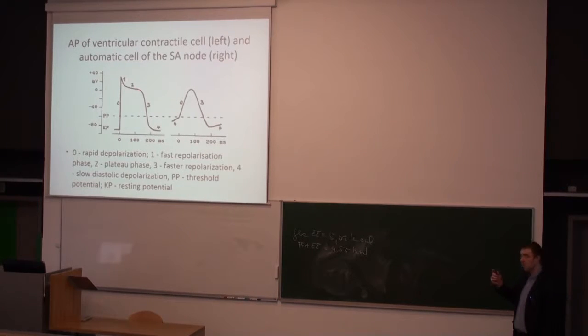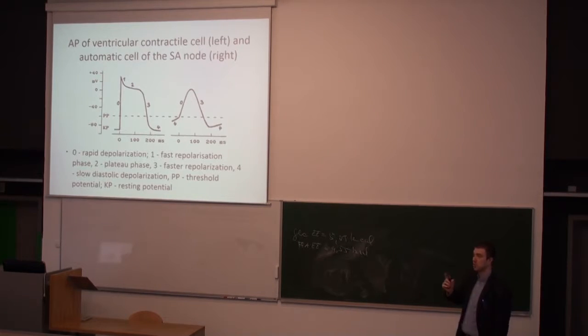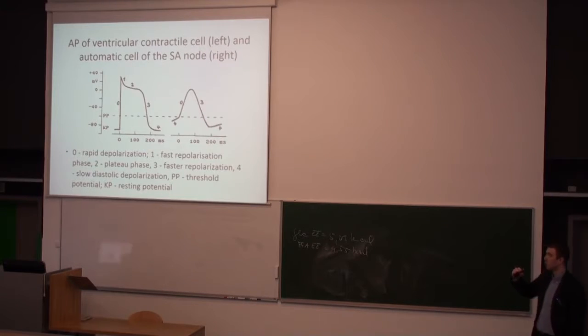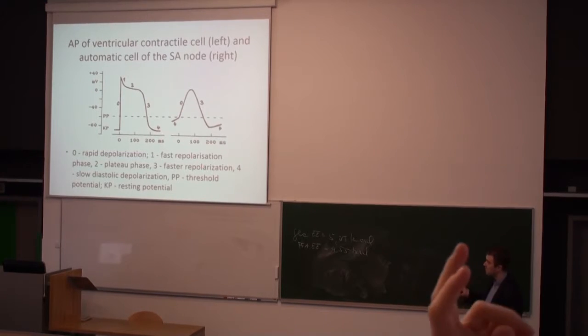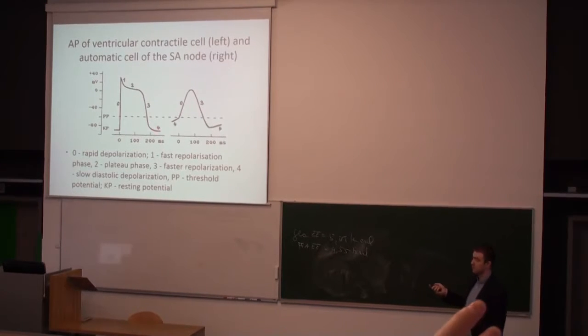And in the plateau, there was also the calcium coming inside the cell. Yes? Making the total change zero. Here the flow of potassium is bigger, and therefore the membrane potential will become more negative, and at that time it will return to the resting membrane potential.